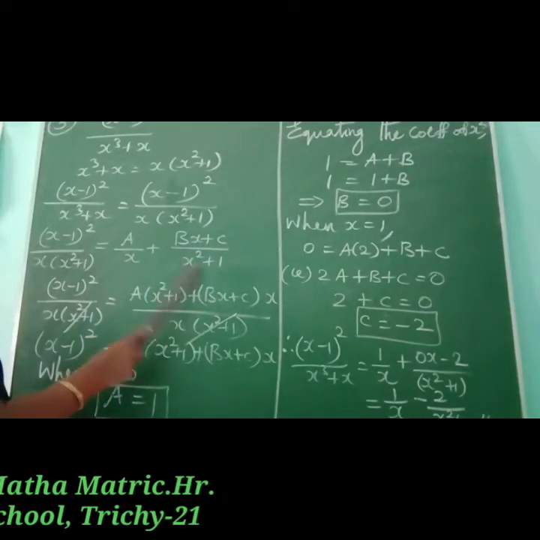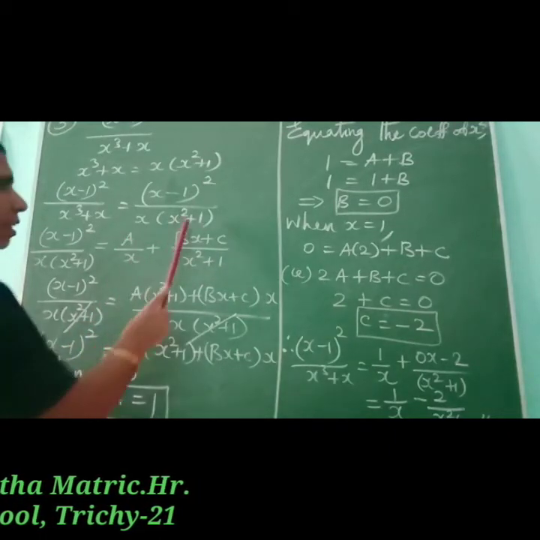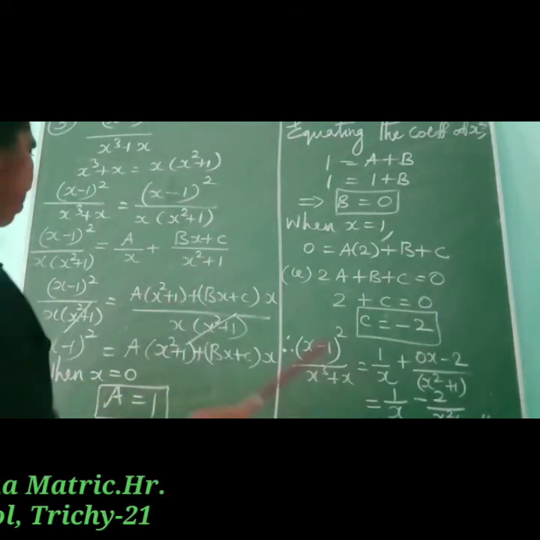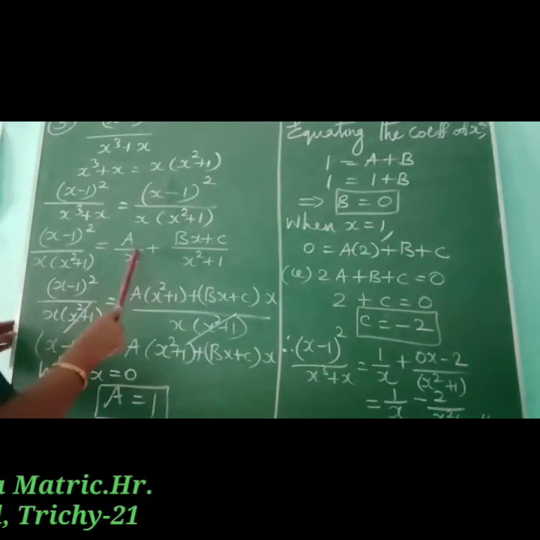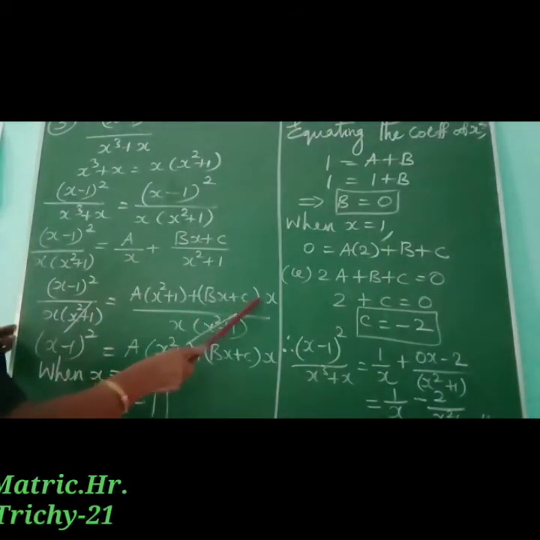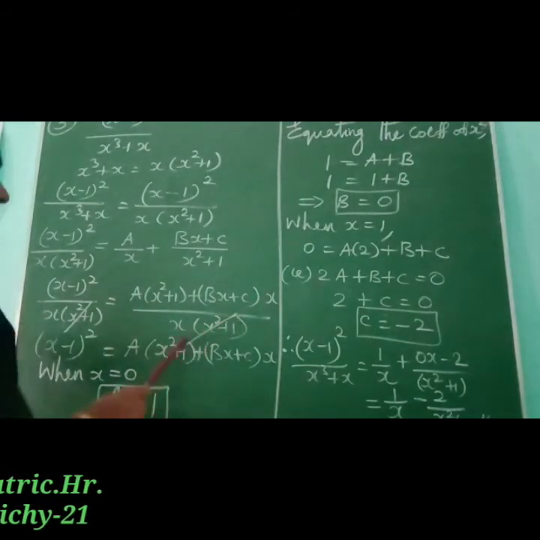So the first one, linear factor, a divided by x, second one bx plus c divided by x square plus 1. When you take the LCM and cross multiply: a into x square plus 1 plus bx plus c into x, divided by x into x square plus 1.